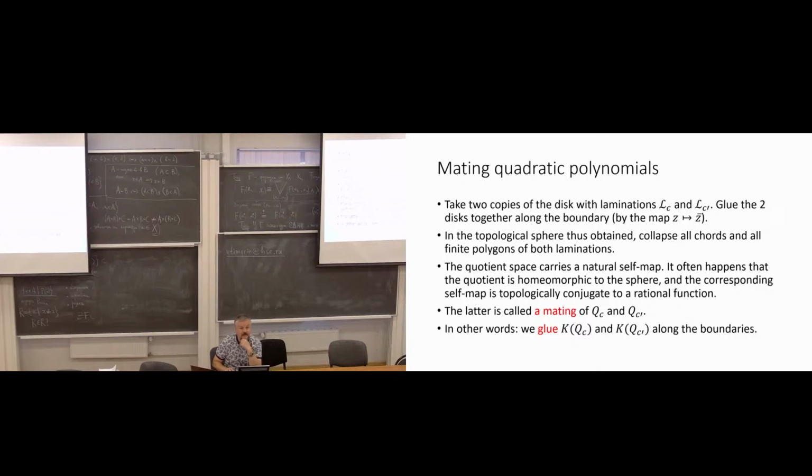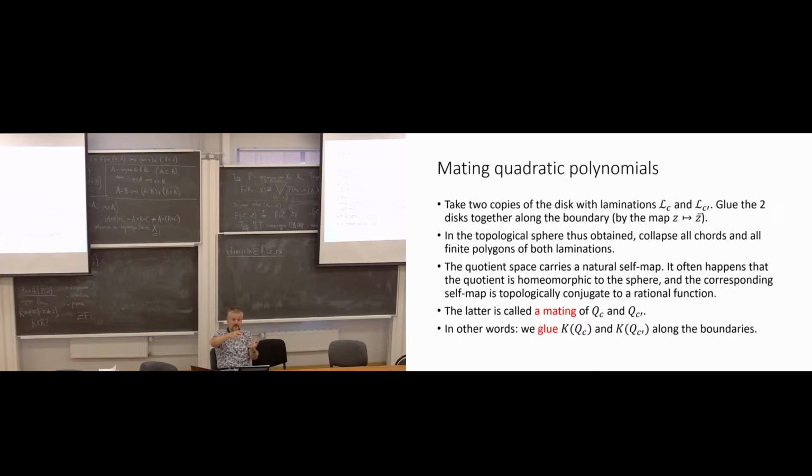This quotient doesn't have to be homeomorphic to the sphere. This is bad news. Sometimes it's not homeomorphic to the sphere. On the other hand, in many cases it is homeomorphic to the sphere. And in many cases it turns out that not only is what you get as a quotient space a sphere, you also get a self-map on this space.